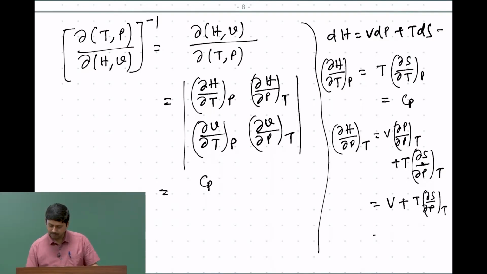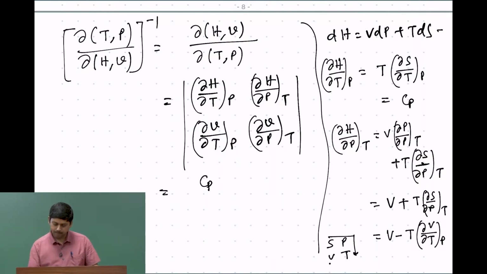We are going to do that. So, now again we are going to remind you that it is SPTV. So, del S by del P at a constant T is minus of del V by del T at a constant P. We have used the Maxwell relation here.